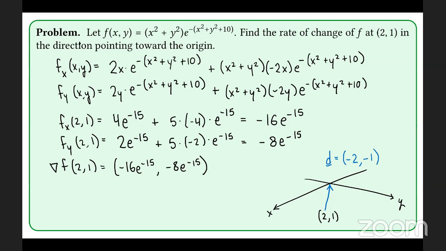So then we normalize this. So let me change it back to black. So d over its magnitude. Well, the magnitude of d is 4 plus 1, so 5. So d over 5. And that doesn't look good. And so we get negative 2/5, negative 1/5.